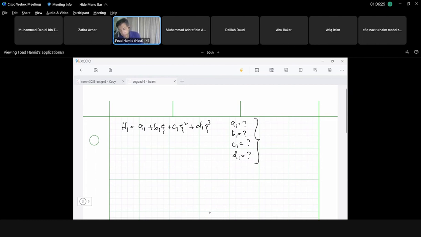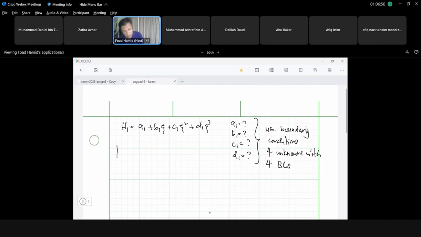And we know our boundary conditions. We use boundary conditions. So 4 unknowns with 4 boundary conditions.